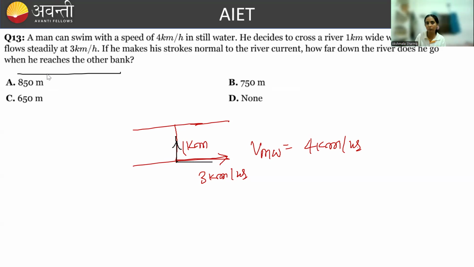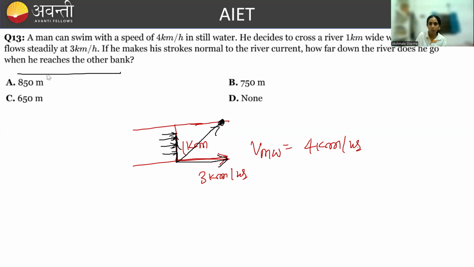The moment you start moving like this, the river current will push you in this direction. So you have your own velocity in the vertical sense, and the river current will give you velocity in this direction. Overall, you will move in this sense, and you will end up somewhere here.